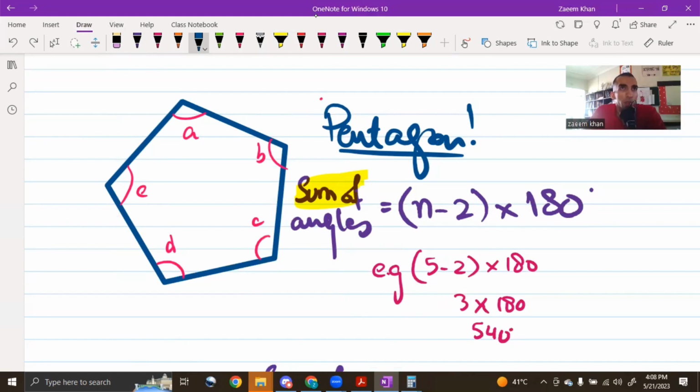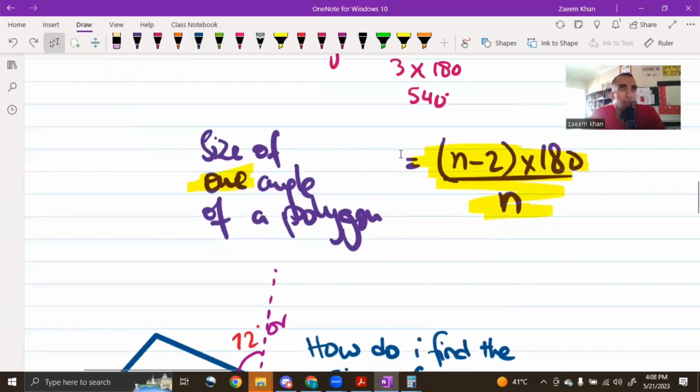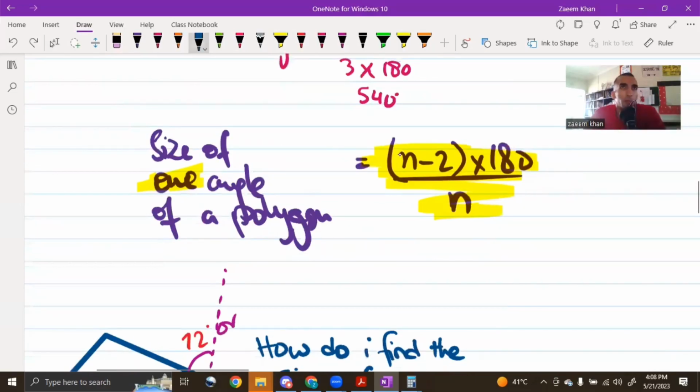If I were to ask you to find the size of one angle, you're going to say same formula, N minus 2 into 180 divided by the number of sides. Does that make sense? Yeah.